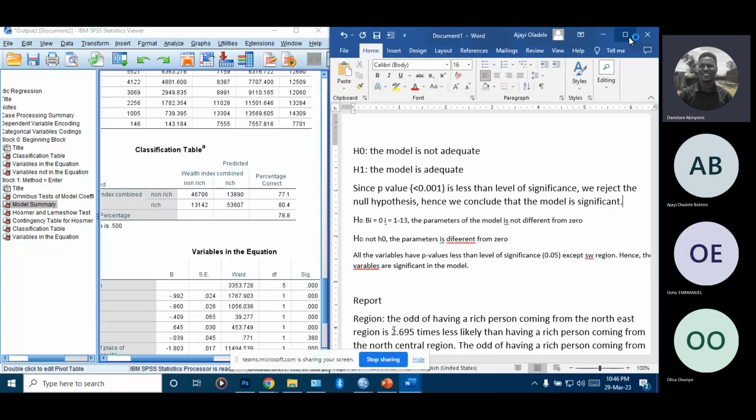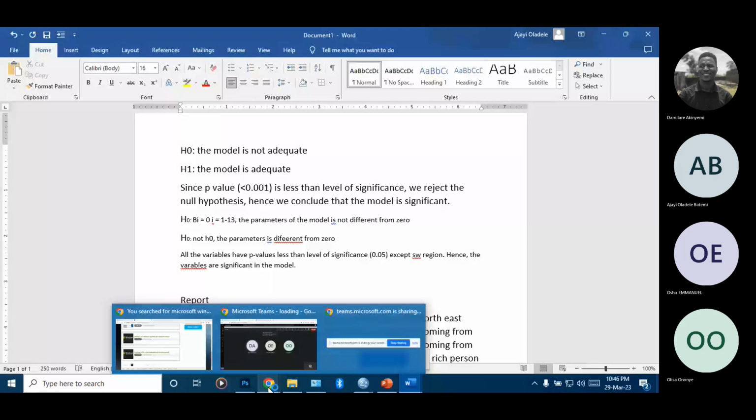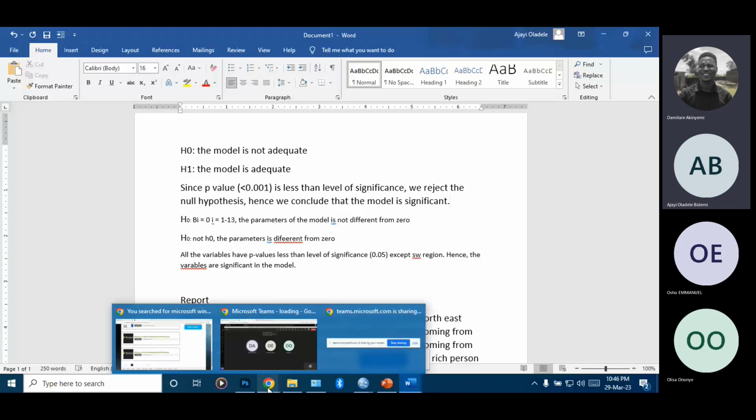The next question I want to ask is, from our data set, how are we going to know that I want to do binary logistic for my project or for my analysis? Okay. Thank you very much.